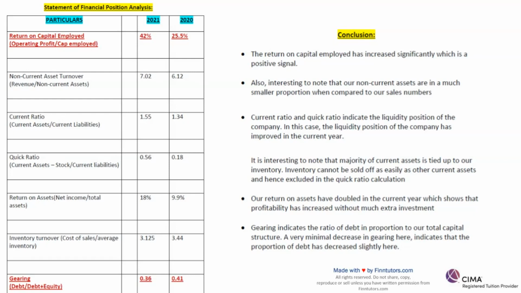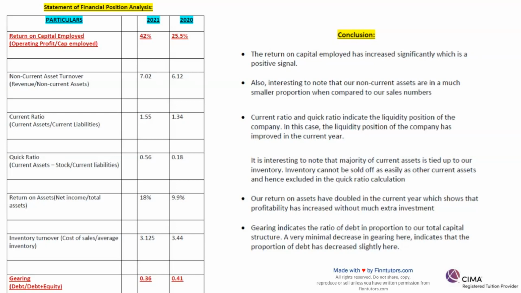The current ratio and the quick ratio indicate the liquidity position of the company. In this case, the liquidity position of the company has improved from the current year. It is interesting to note that the majority of the current assets is tied up in our inventory. Inventory forms a very big part.